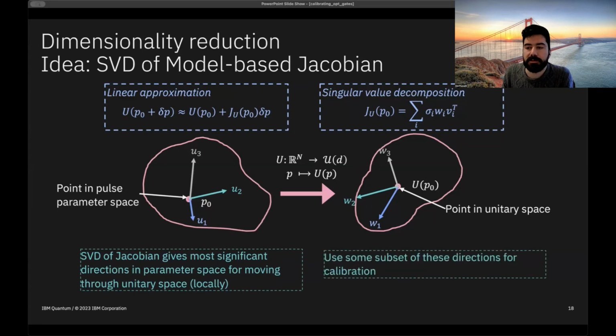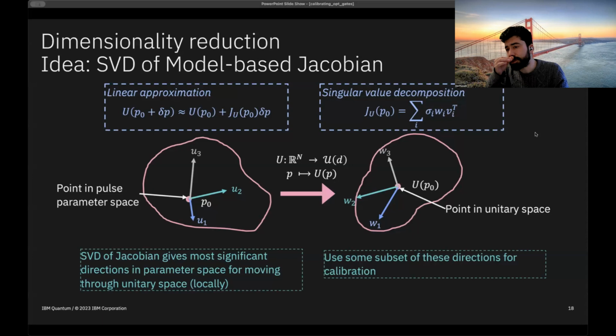And the idea is, okay, this is our starting point, and we'll use these directions for calibration. For single qubit gates, we just take all of them because there's only three. But in general, for higher dimensional things, maybe you would need to choose them more carefully. But here, all we're talking about is single qubit gates. So pretty straightforward: take the derivative, and then see, based on that information using the SVD, what the best local directions are for tuning up the unitary at the end.